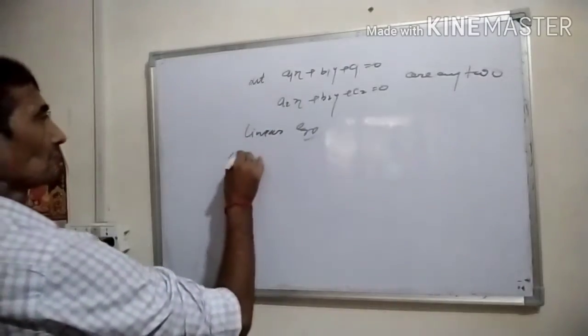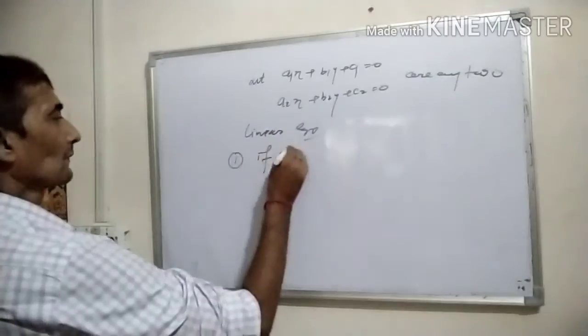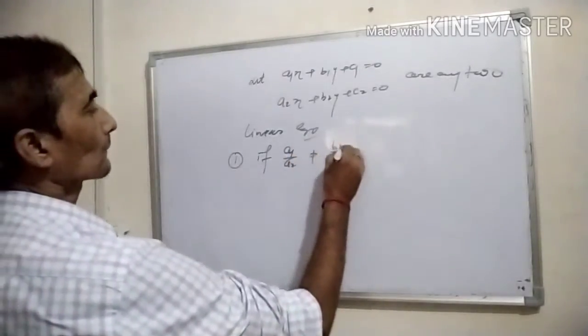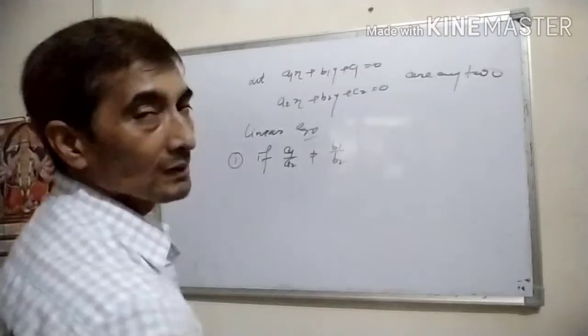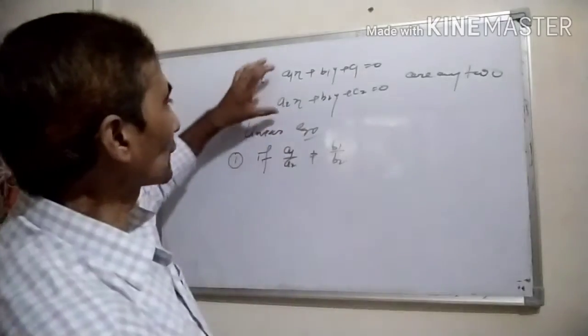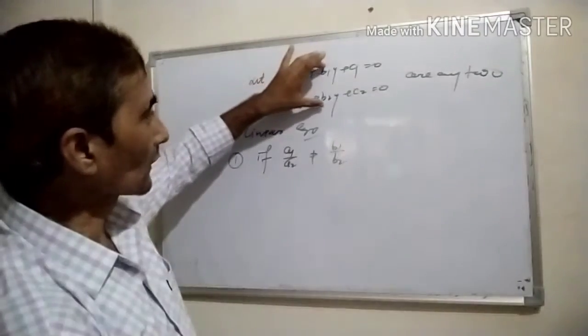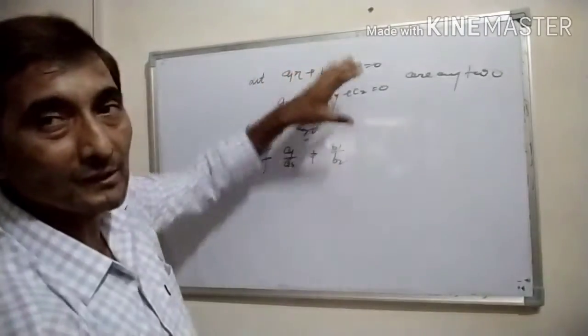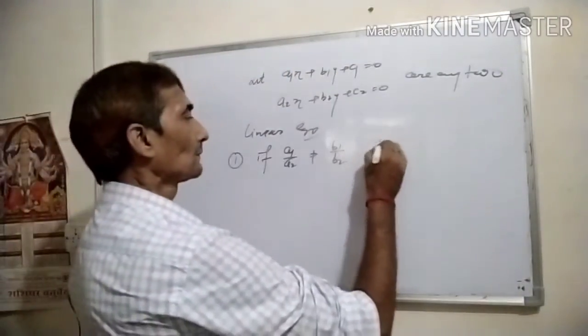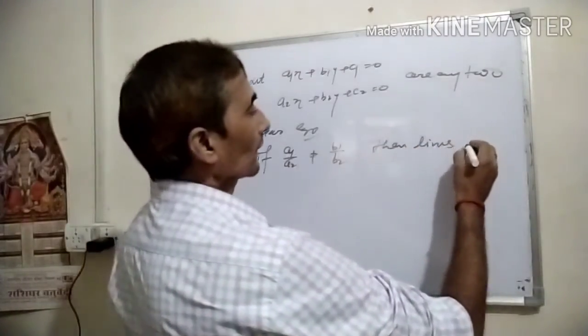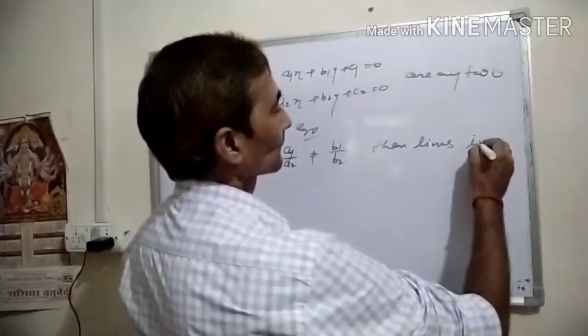So first condition: if a1 upon a2 is not equal to b1 upon b2, that means the ratio of the coefficients of x is not equal to the ratio of the coefficients of y, then lines intersect.